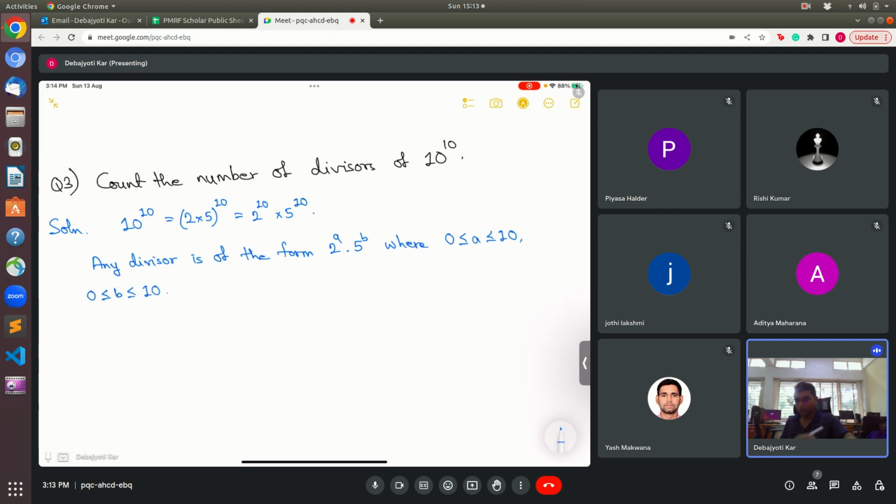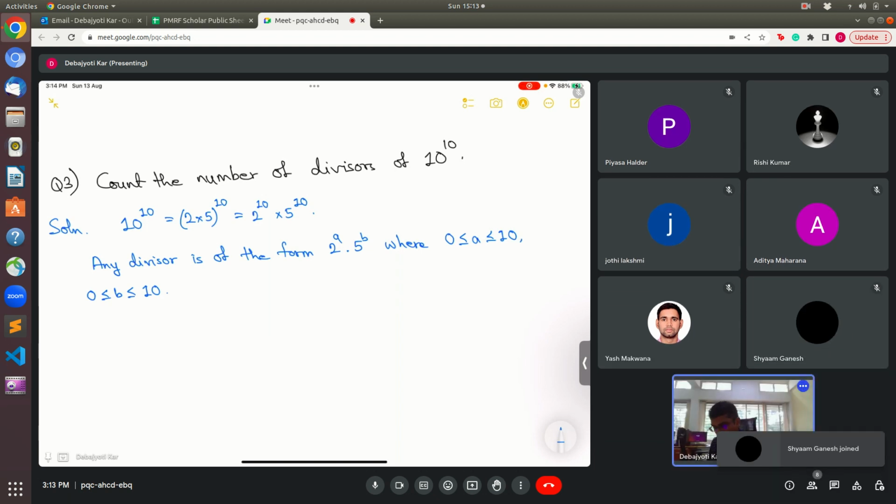Since the prime factorization is 2 to the power 10 times 5 to the power 10, any divisor must be something like 2 to the power a times 5 to the power b, where a is some integer between 0 and 10 and b is some integer between 0 and 10 again, right?